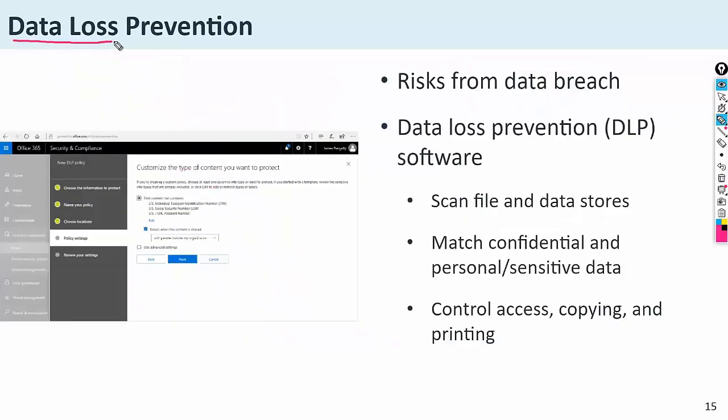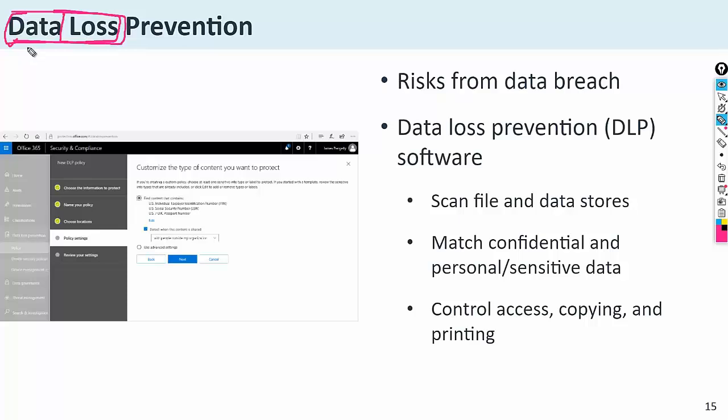Data loss prevention. Data loss prevention means there are lots of factors which are responsible for data loss.